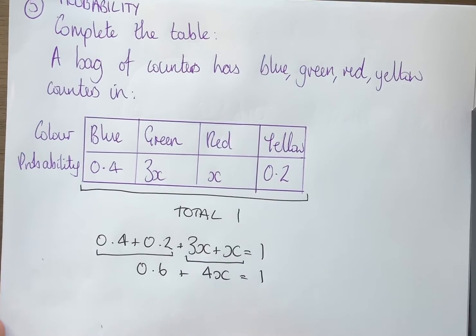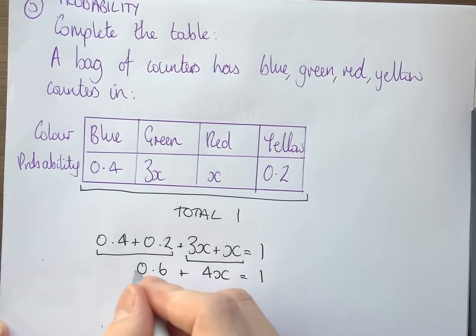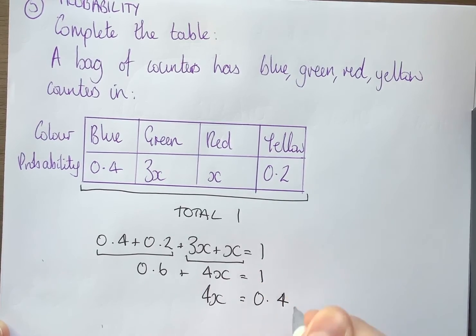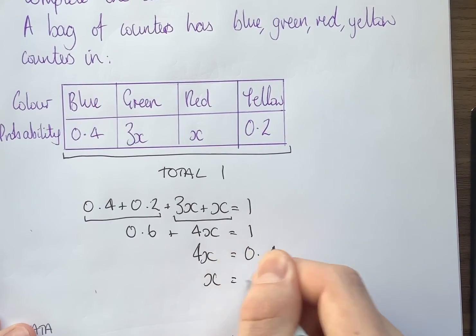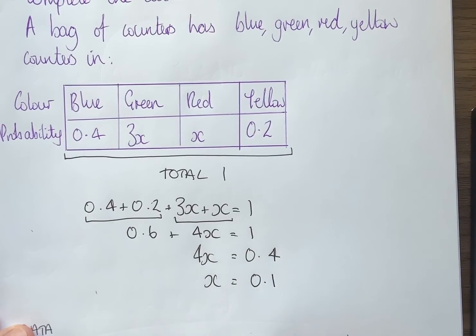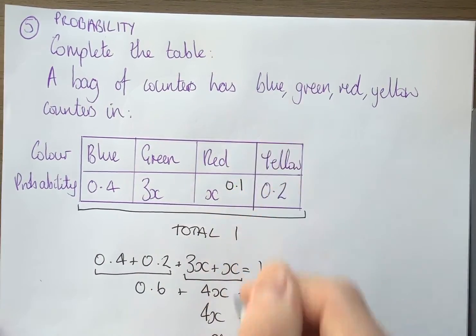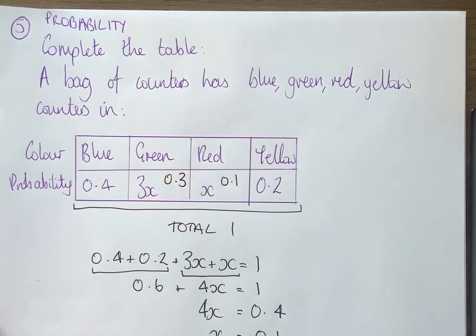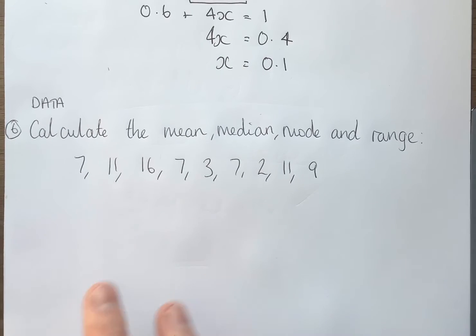Right, so 0.6 plus 4x is equal to 1. So that 4x, if I take 0.6 from both sides, the 4x must be 0.4. Divide it by 4 to work out x. So x is 0.1. And now it's asking me to complete the table, so I can put those values back in. If that's x, it's 0.1. That's 3x, it's 3 times 0.1, so 0.3.